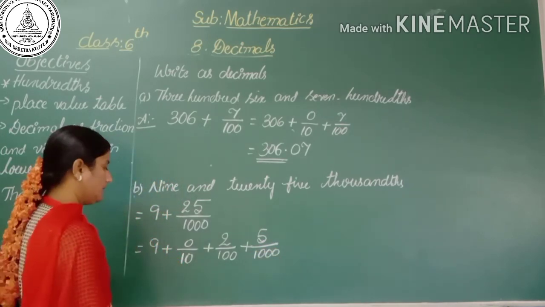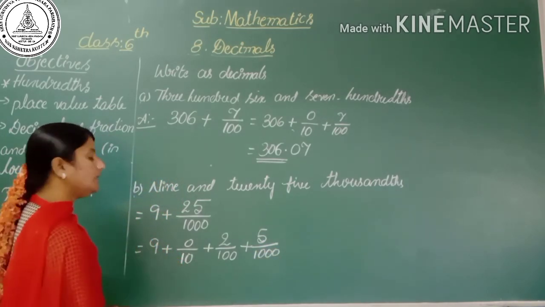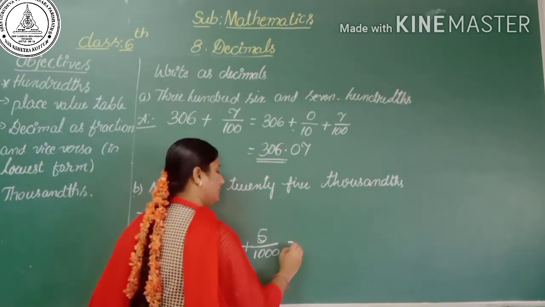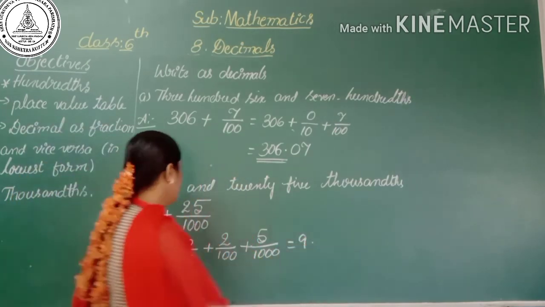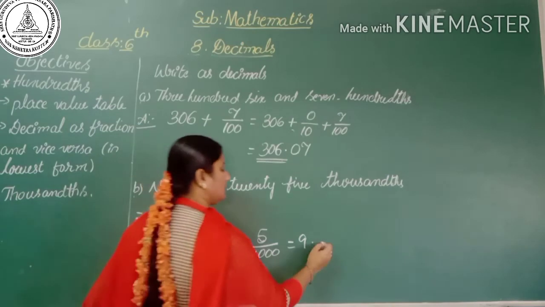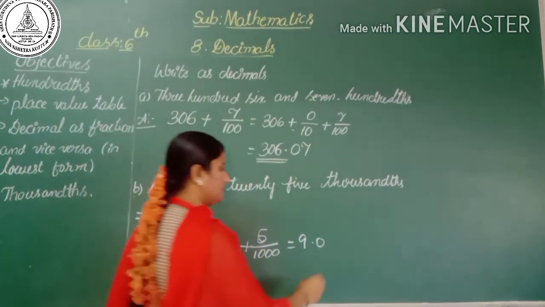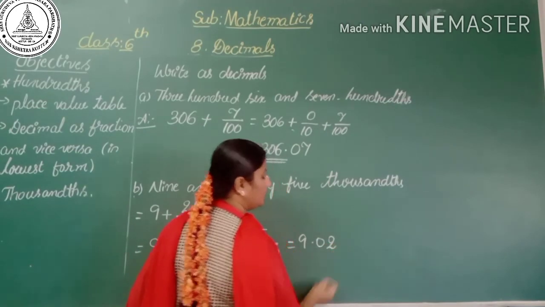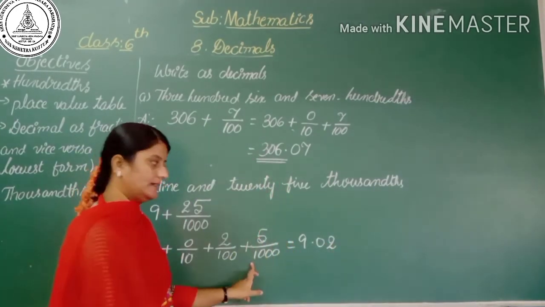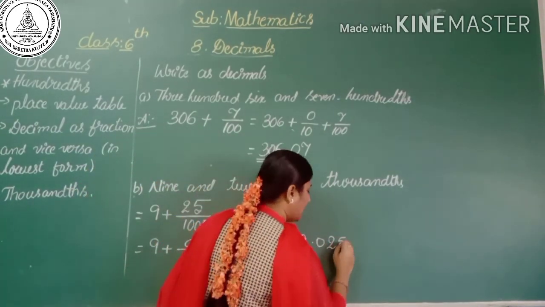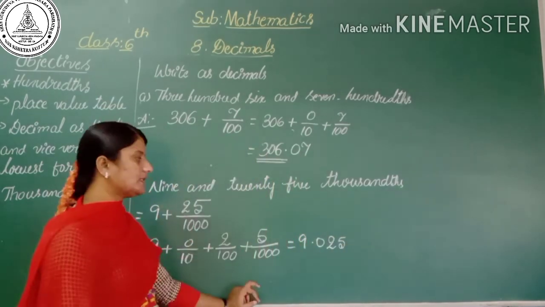Now we can write it in decimal form, which is equal to 9 point. 0 tenths means 0, and 2 hundredths means in the hundredths place we write 2, and 5 thousandths in the thousandths place we write 5.